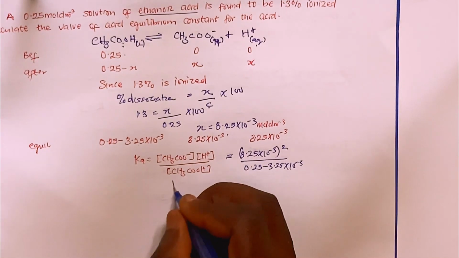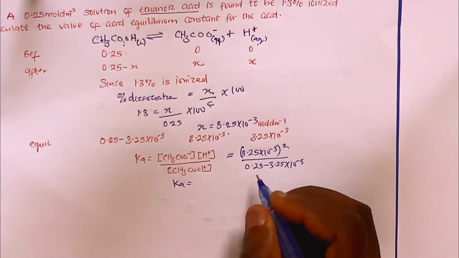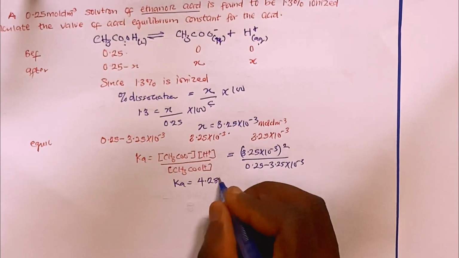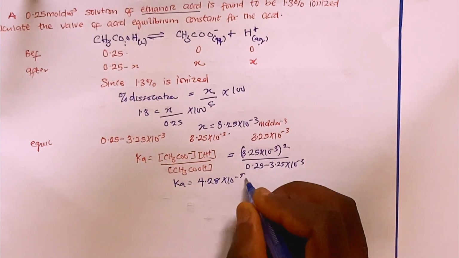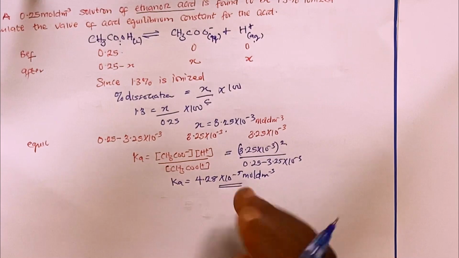What's the value of my Ka, the equilibrium constant for the acid? After pressing everything on the calculator, you should have something like 4.28 times 10 to the minus 5 mole per dm cubed. So that's the answer.